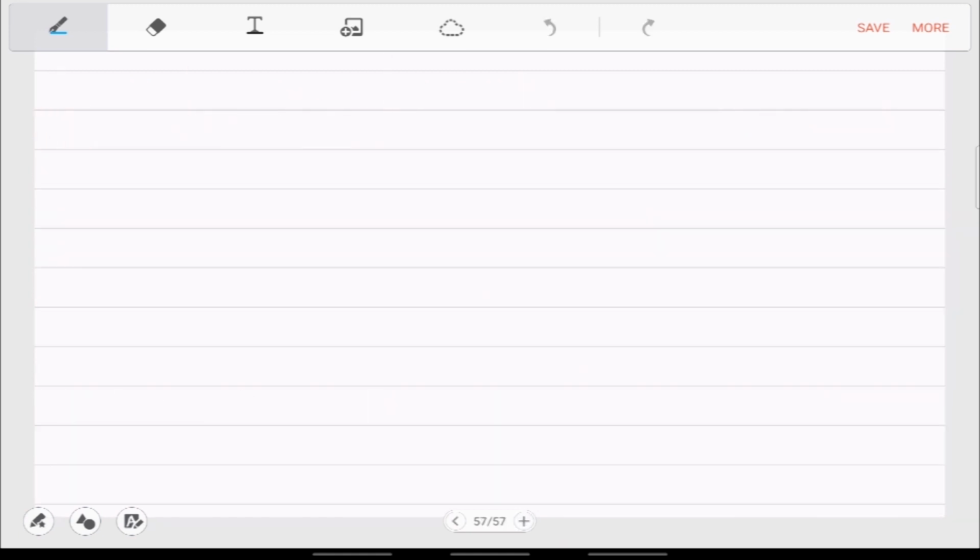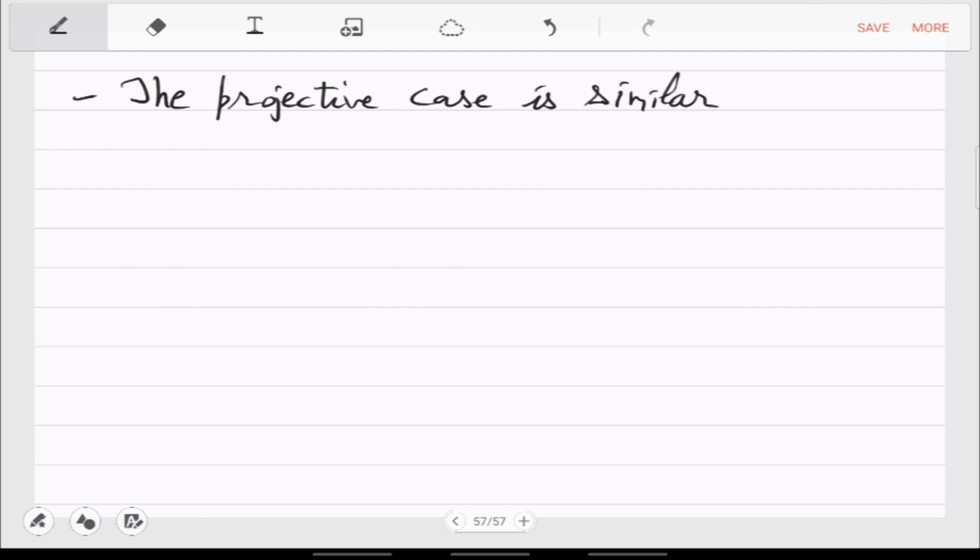Fine, I think this is all done. Analogously, you can define this for the projective case also. For a projective variety X, the regular functions defined on X of f, the definition of X of f will be similar.